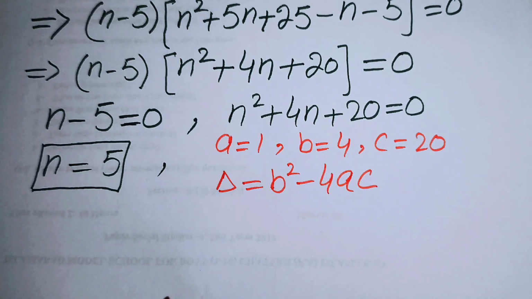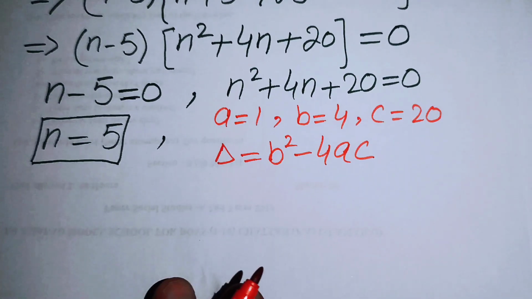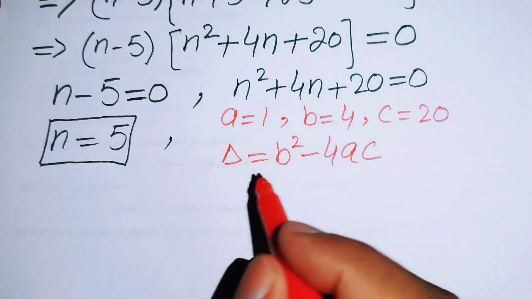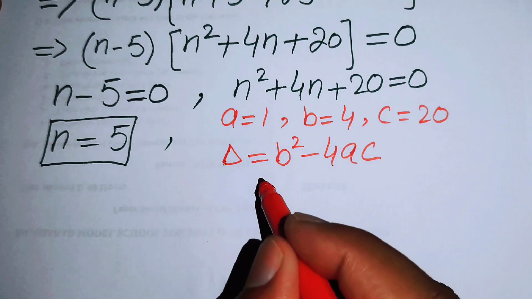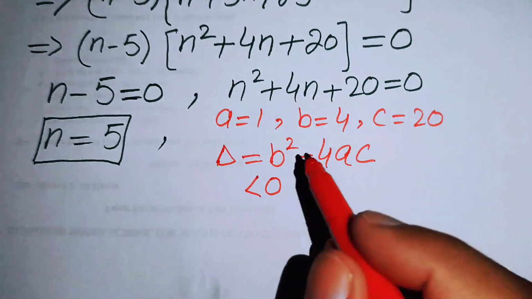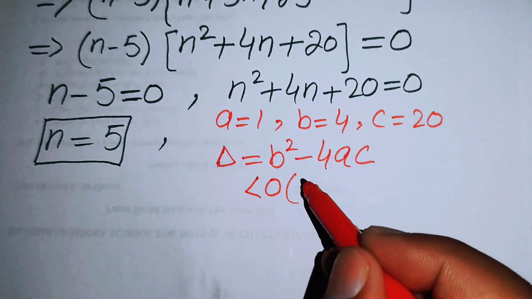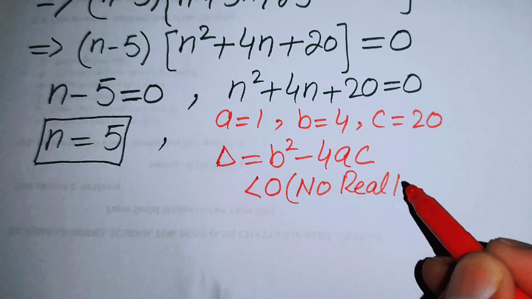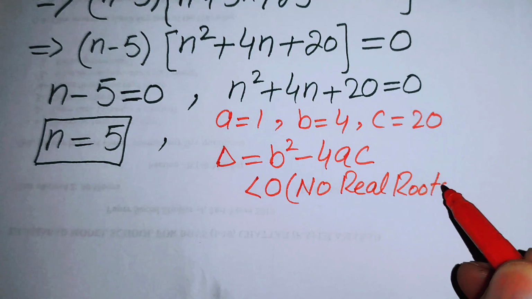First I can explain a little bit about this discriminant formula. If the discriminant or delta gives a value less than 0, then this quadratic equation has no real roots.